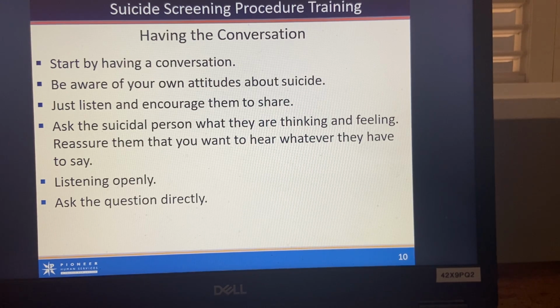And we need to reassure them that what we hear is okay, that we aren't shutting them down or saying things to make them feel less than, that we are validating their thoughts and their feelings without judgment, that we listen openly, that we pay attention, and we give them our full attention.